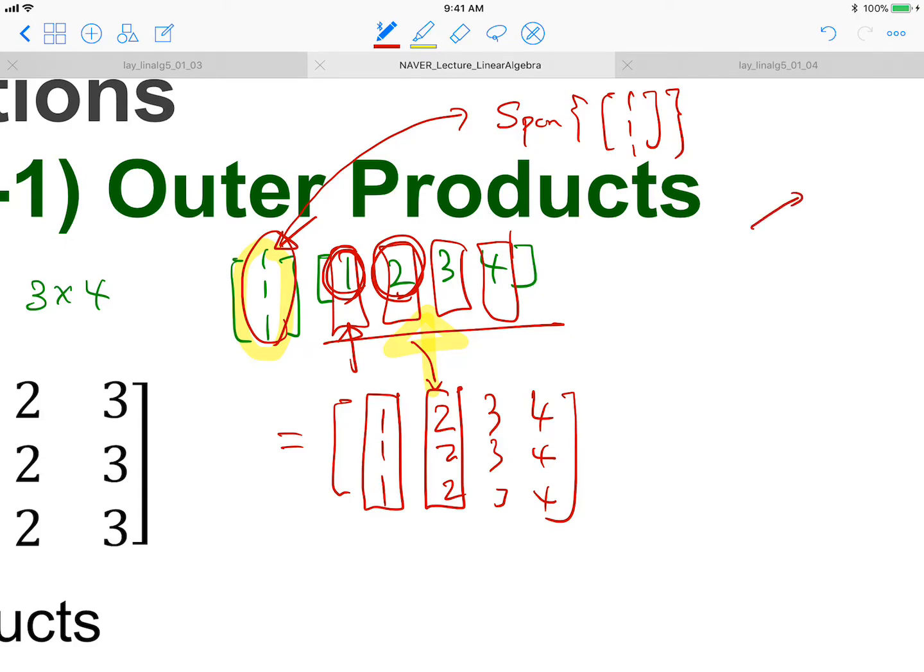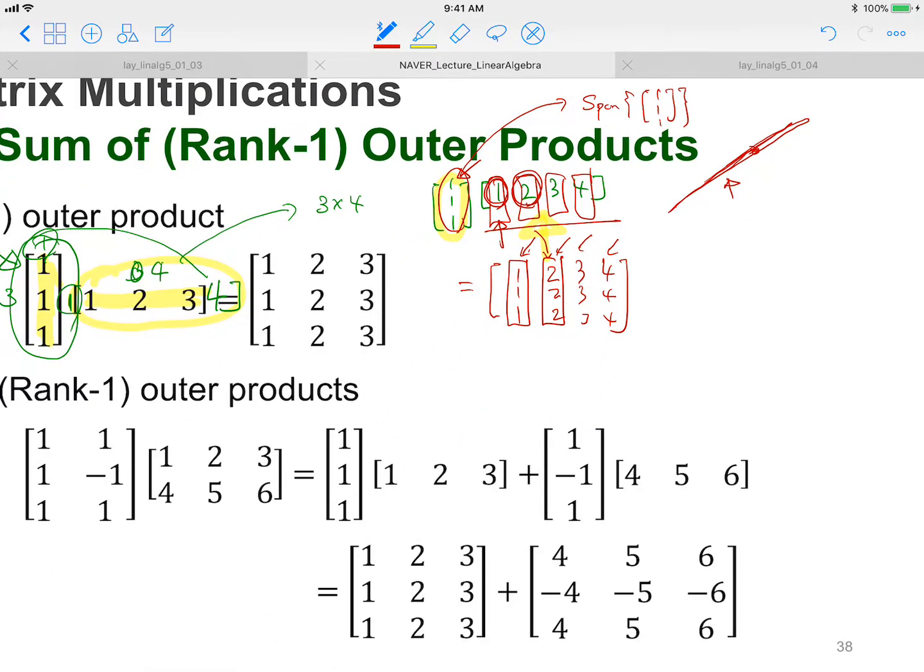So we have 1, 1, 1 here, and then the span of this vector will be just a single line, right? And then are these 4 vectors inside of the span of these, right? So it is true, right? So we can also verify that these 4 vectors in the resulting matrix will be inside of the span of the vectors given on the left matrix.